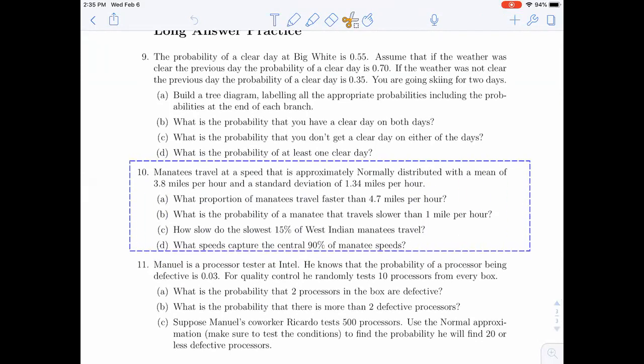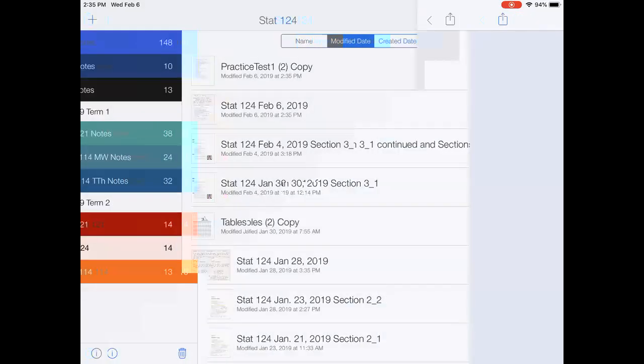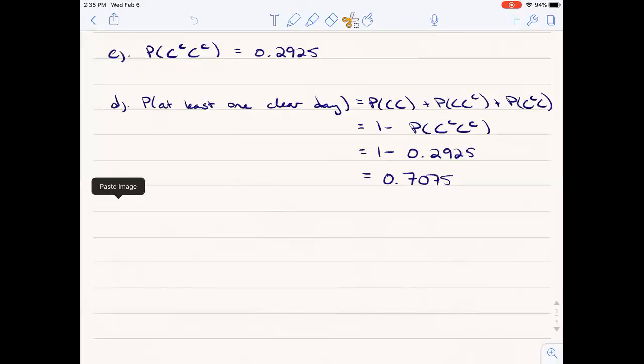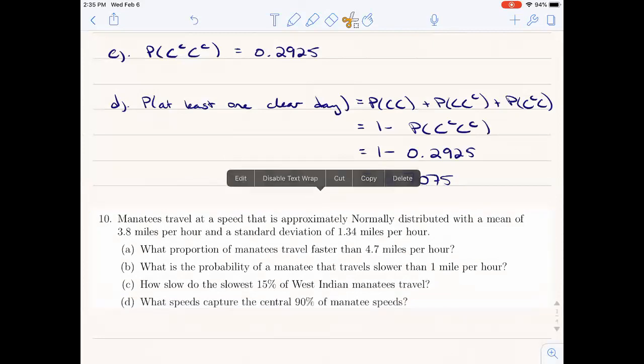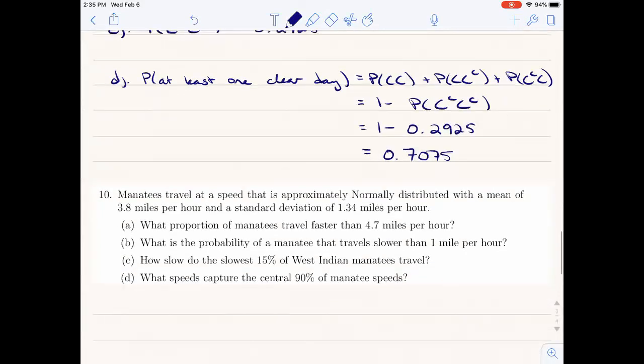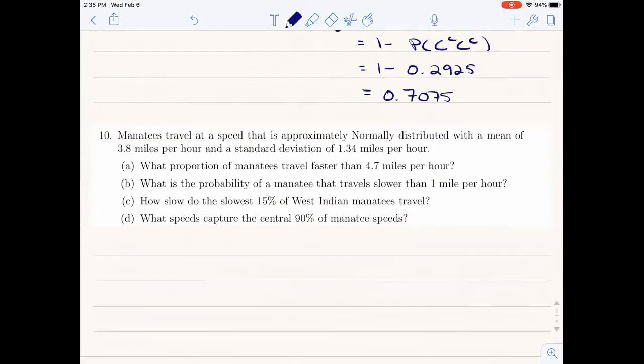Manatees. So here we've got a normal distribution question, and normal distribution questions always start the same way: blah, blah, blah follows a normal distribution with a mean this and a standard deviation this.